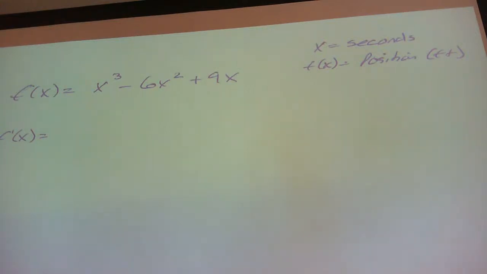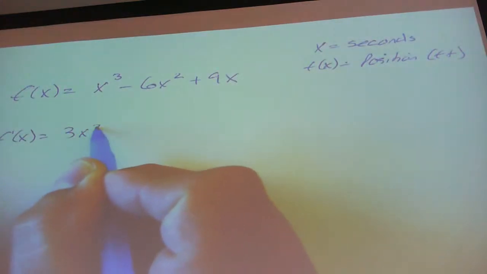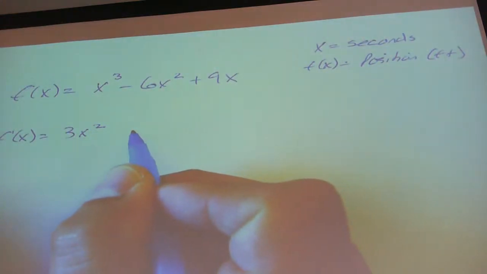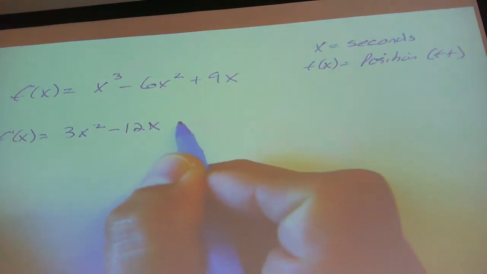Now, if we take the derivative, what's the derivative of x to the third? 3x squared. What's the derivative of negative 6x squared? And what's the derivative of plus 9x?